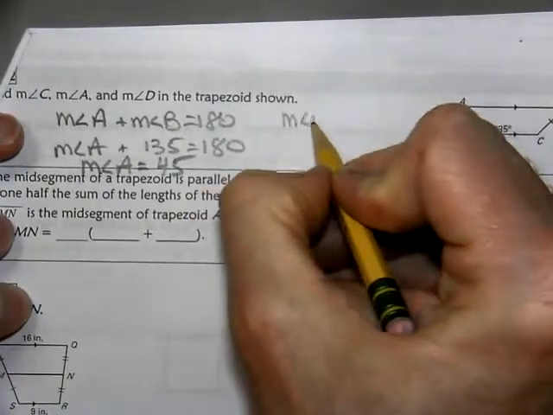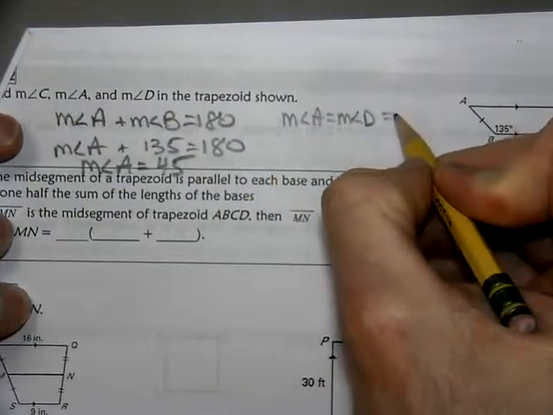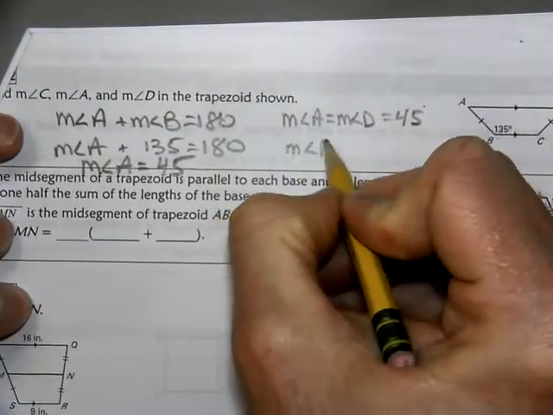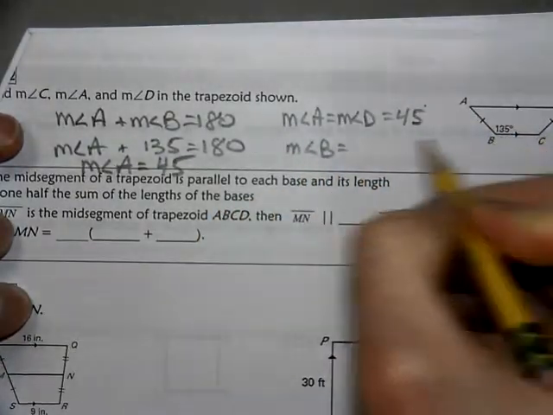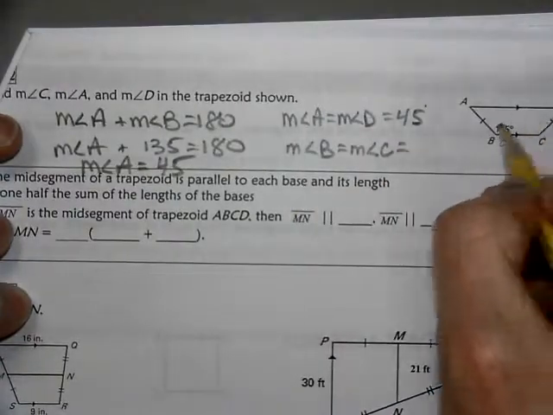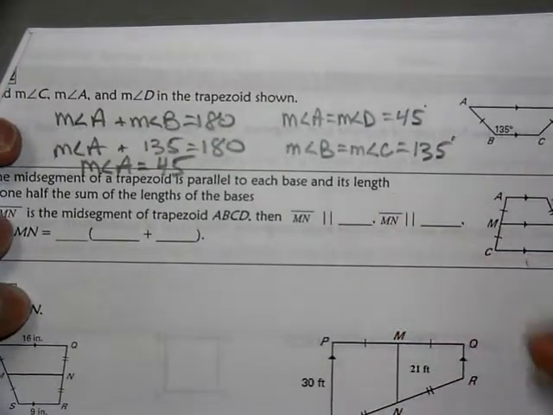So the measurement of angle A equals the measurement of angle D, which is all 45 degrees. And the measurement of angle B is base angles with C, since it's an isosceles trapezoid, so we know both of those are 135.